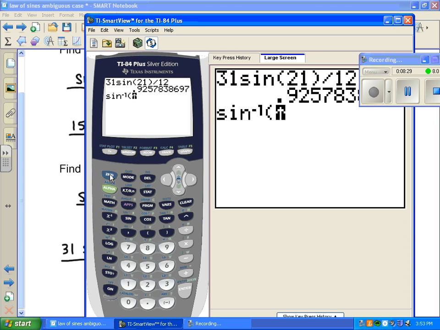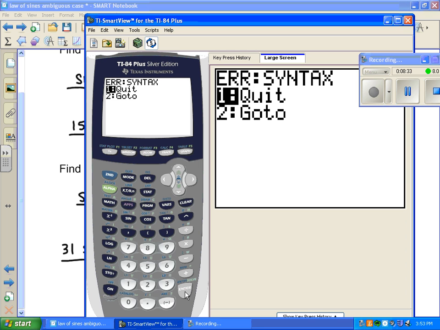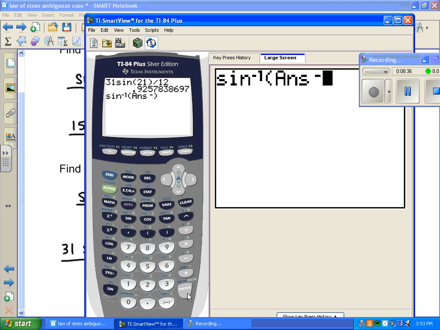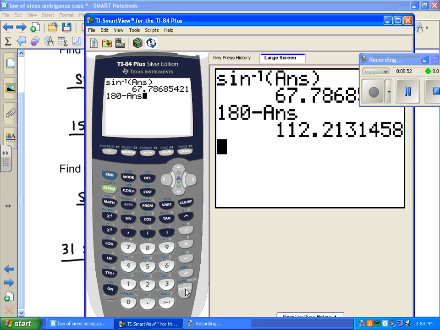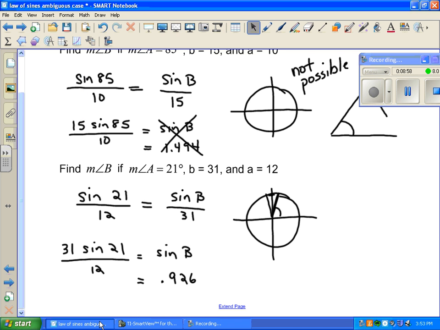Take inverse sine of 0.926. Okay, and I end up with 67.8. Right away, I'm going to consider the supplement. 180 minus that is 112.2. So 67.8 and 112.2.